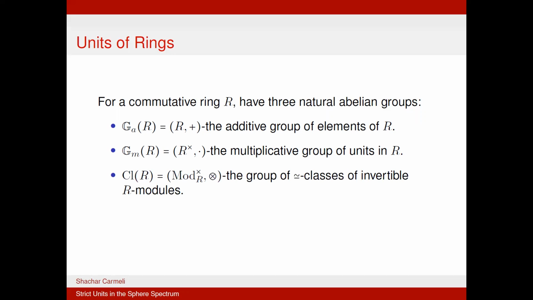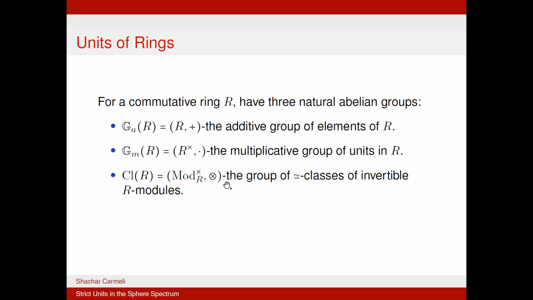And then there is also what I denote by class group of R, which is usually called the Picard group, but I will denote it here by CL for classes, the group of isomorphism classes of invertible R modules.